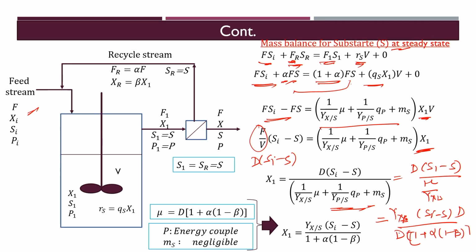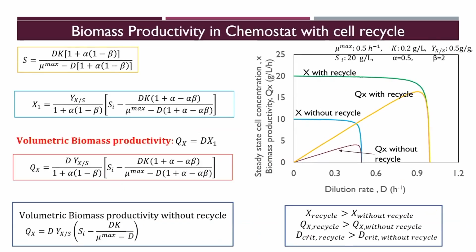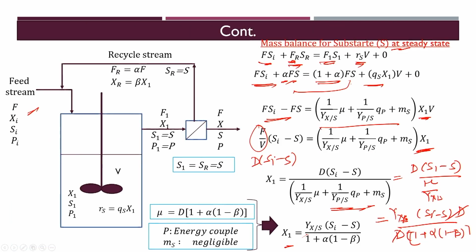So, further this D can also be cancelled out. So, it becomes X1 as Y X upon S (SI minus S) divided by (1 + alpha(1 - beta)). This is the additional term we are getting in the biomass concentration.